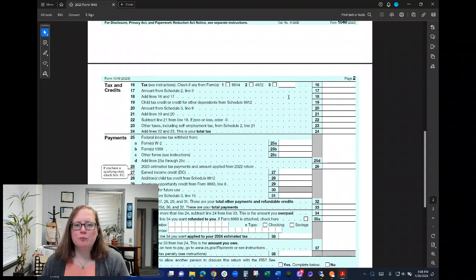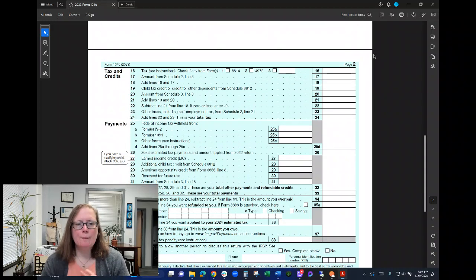For now, we've calculated tax. Whatever your tax is, we still have a little bit of an adjustment to do. There are some credits that are available. So if you are in school but are not a dependent on your parents' return, if you purchase an electric vehicle, if you have kids, there are some child-related credits.